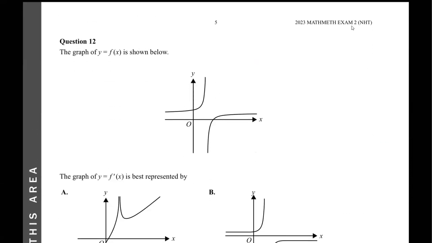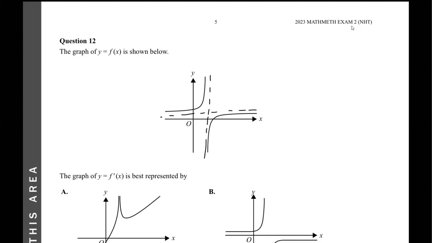Okay, the graph of y equals f of x is shown below. Notice that this is most likely a rectangular hyperbola, quadrant 2 and 4. So negative leading coefficient. I would say y equals -1 over x minus 1, plus 1. Okay, y equals 1 here, x equals 1 here. It's not here and here, so make sure you put a negative.